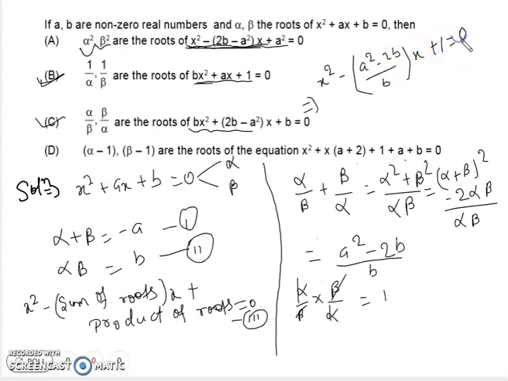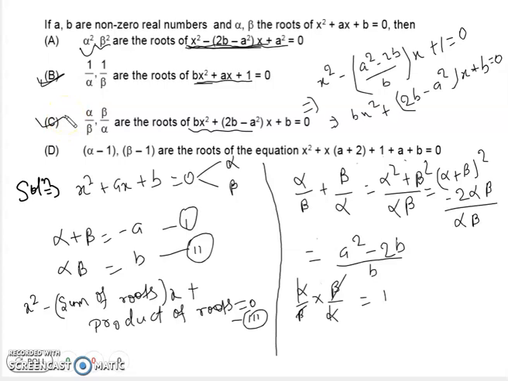After taking the LCM it becomes bx square, and taking minus 1 common, plus (2b minus a square) into x plus b is equal to 0. So option C is also correct.